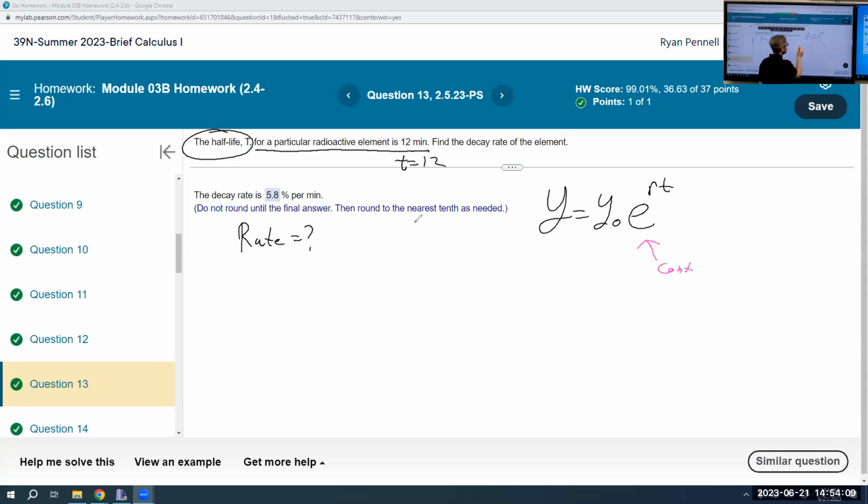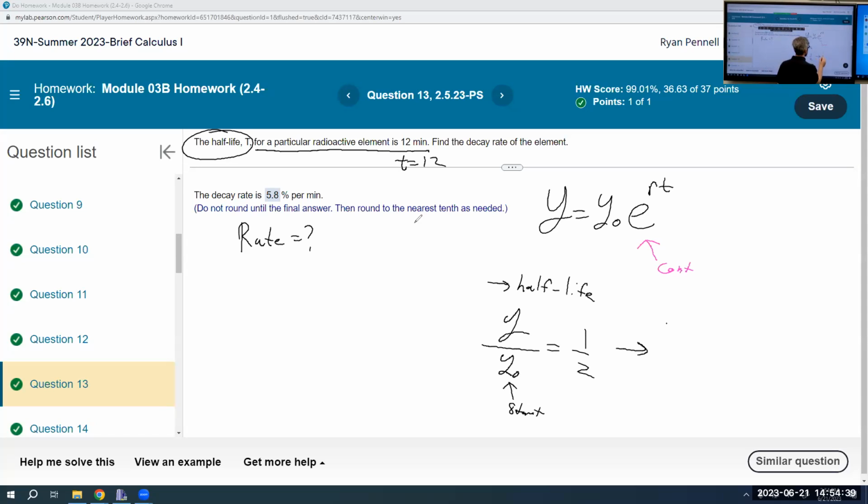So what we're going to do, since we're talking about half-life, is say y over y naught, that's the starting point, is 1/2. Whatever it started with, whatever it ends up to be when we're interested in it, that's half, because we're interested in the half-life. So y over y naught is a half.